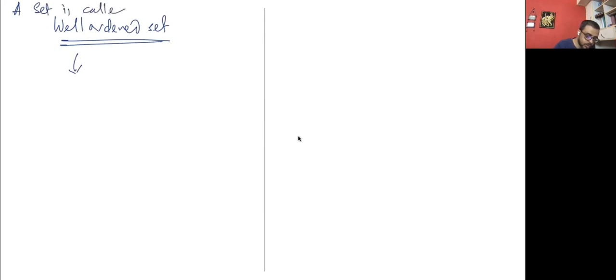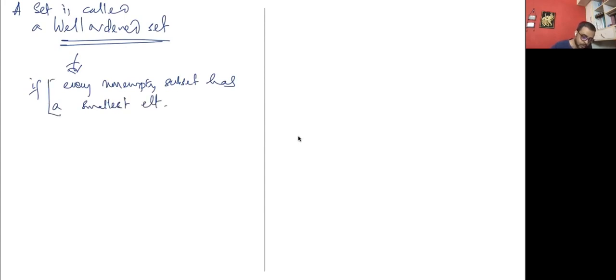A set is called well-ordered if every non-empty subset has a smallest element. Okay, so this is a definition. So what we have just now shown is that N is well ordered.